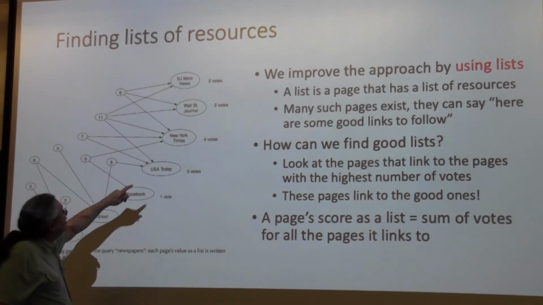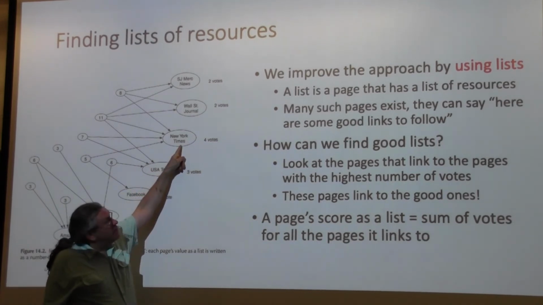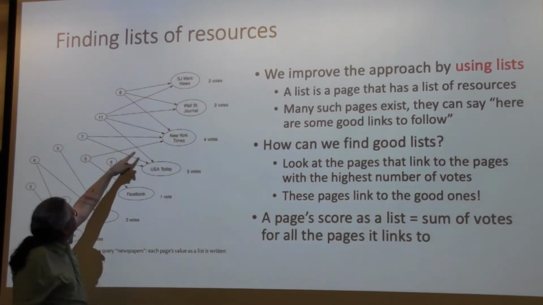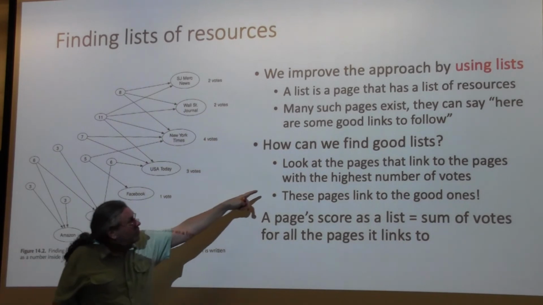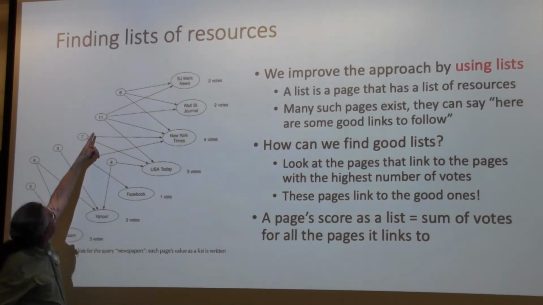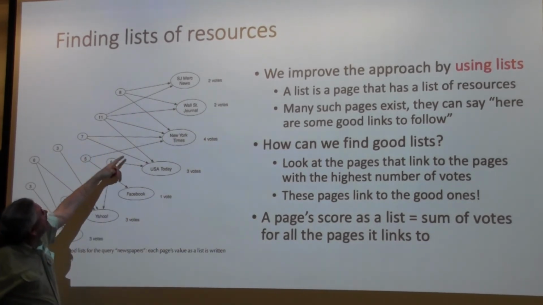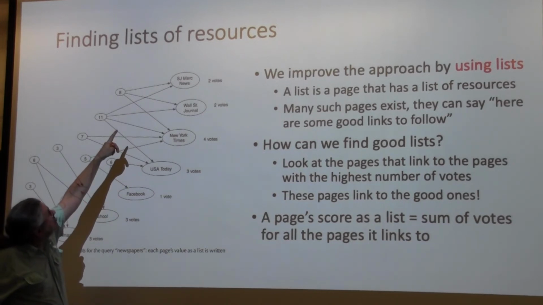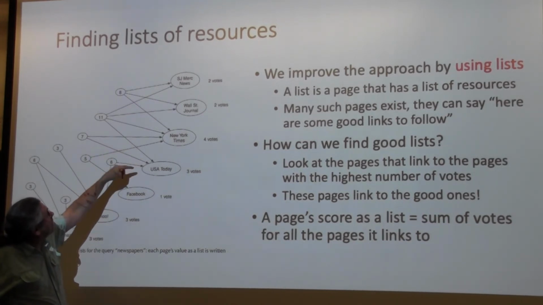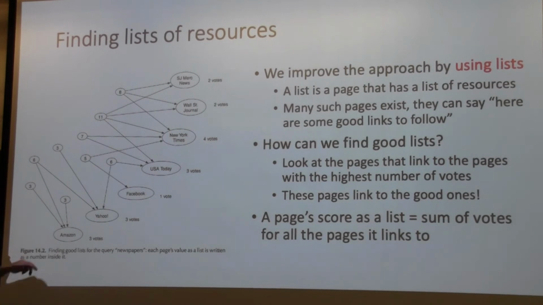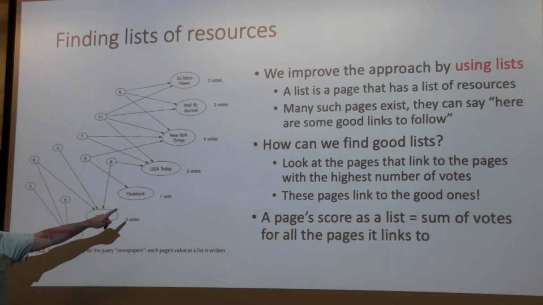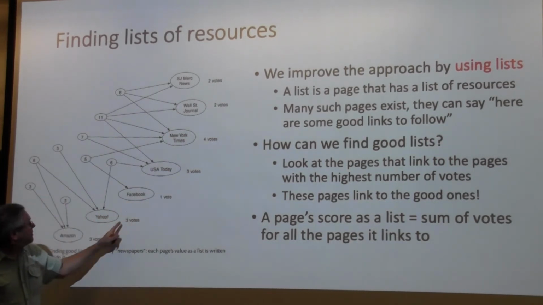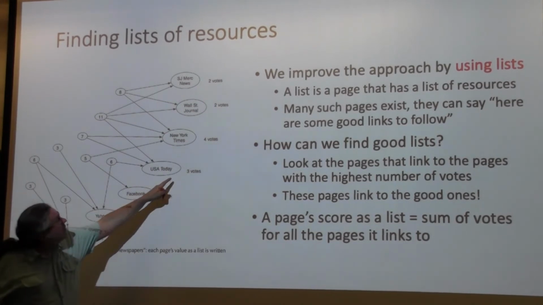Well, look at the pages with the highest number of votes, and who is linking to them? So this one with the 11 is pointing to San Jose Mercury News, Wall Street Journal, New York Times, and USA Today. And we give it votes. We add the number of links from each of the destinations.